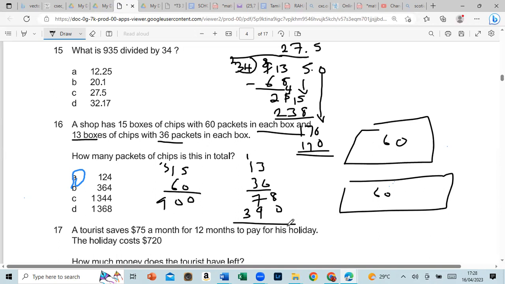And then we add. This gives us 468. So we add the 468, and that will give us 1368. Yeah, D is correct. Good job.